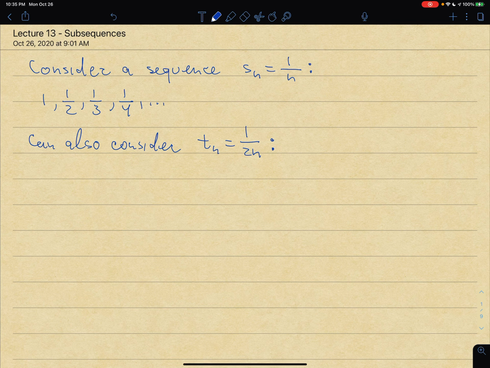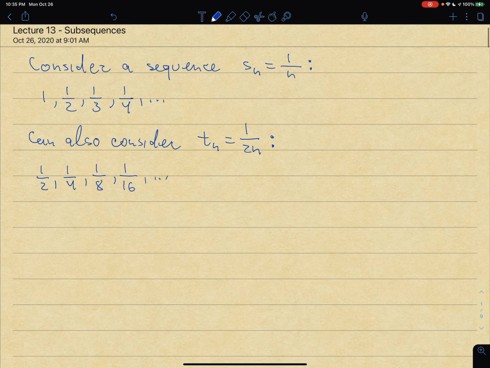And if I write this sequence out, I'm going to get 1/2, 1/4, 1/8, 1/16, and so on.